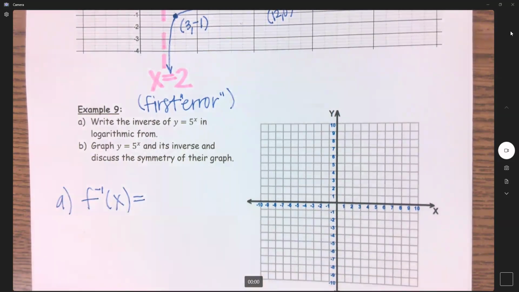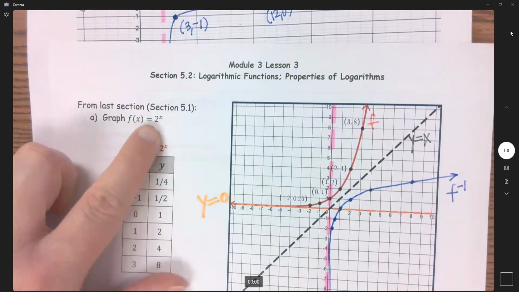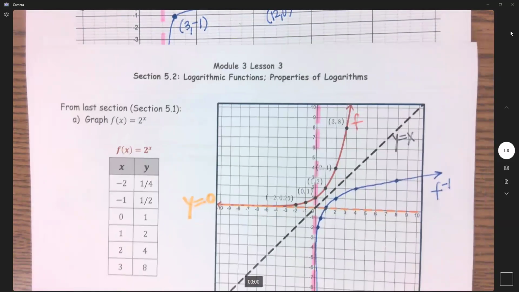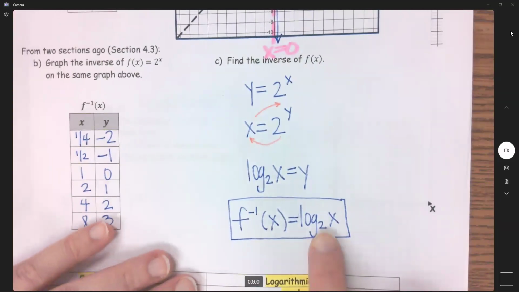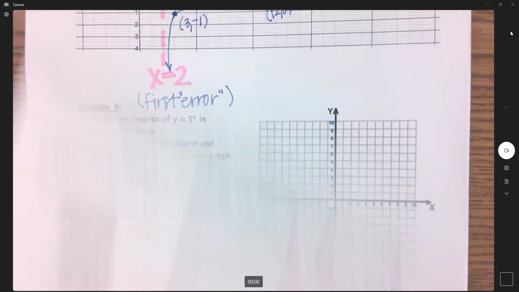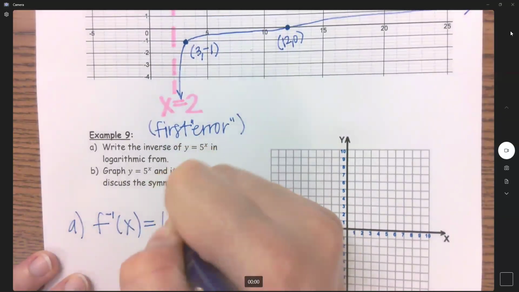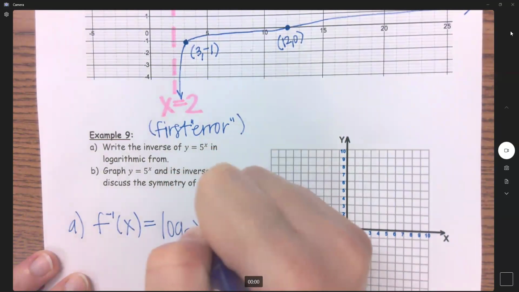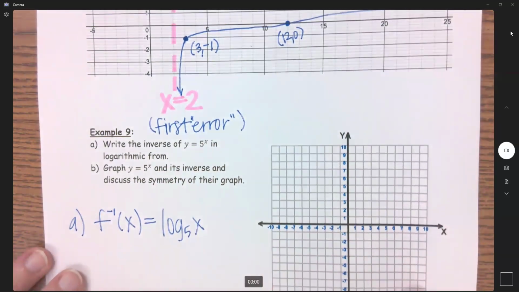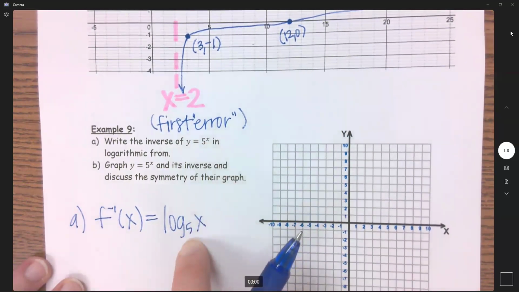If I go back to the very first page of this lesson, I had 2 to the x power, and its inverse was log base 2 of x. So same exact pattern here. If this is 5 to the x power, its inverse would be log base 5 of x. Okay, as simple as that. Base of 5, base of 5.